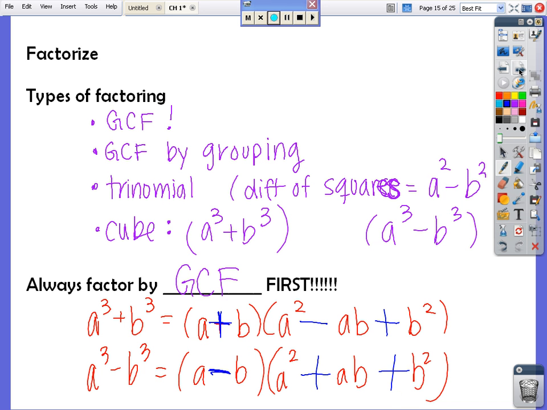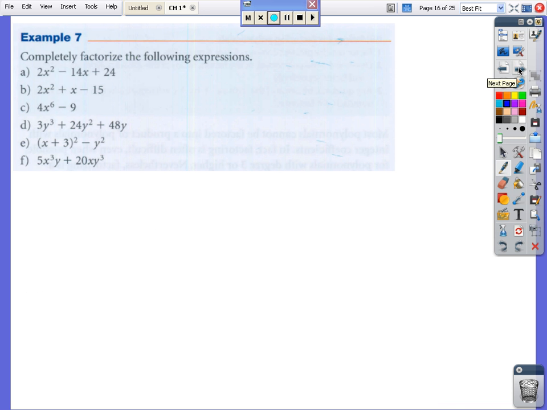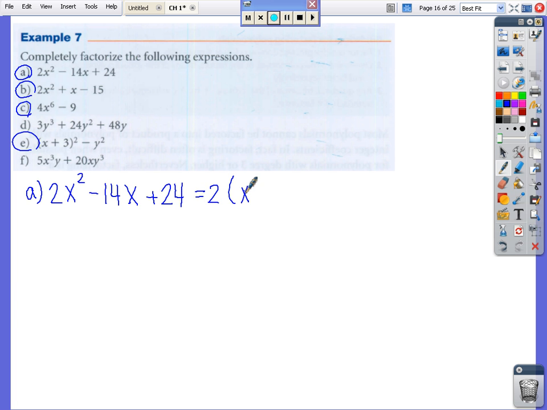So moving on. We want to completely factor these. I am going to go through probably A, B, C, and E. So let's start with A. 2x squared minus 14x plus 24. Since they're all even, I should be able to factor out a 2, which leaves me x squared minus 7x plus 12.